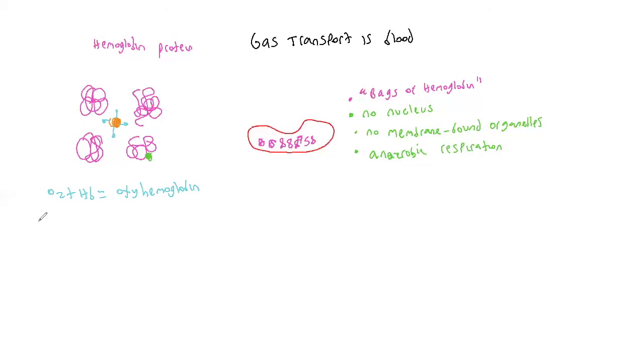And when we take CO2 and combine it with hemoglobin, we get something called carbaminohemoglobin. So they both travel, or are both transported, via hemoglobin. It's just that carbon dioxide binds with the subunit, and oxygen binds with the iron atom, and both these processes are reversible.